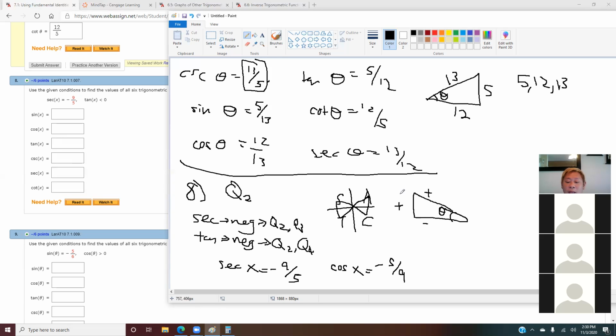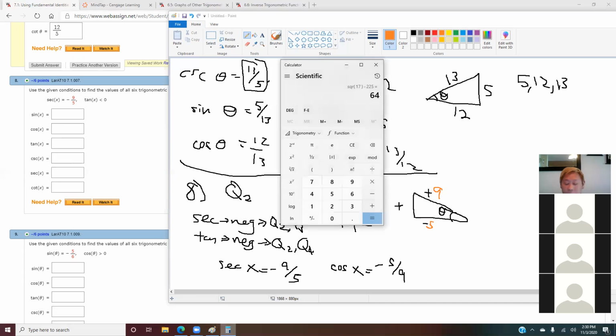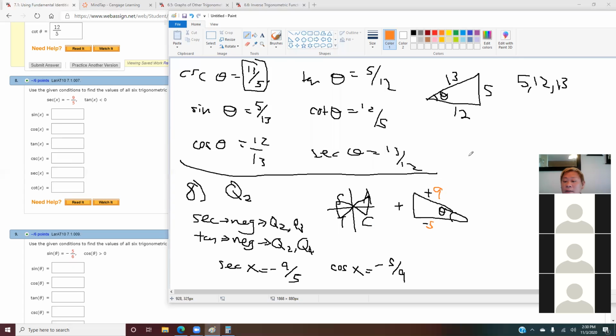So can you fill up this triangle? Where does the negative 5 go and where does the 9 go? Negative 5 to the adjacent, 9 to the hypotenuse. So you have to figure out your opposite. That would be 81 minus 25, which is 56. So square root of 56, but you have to break it down.